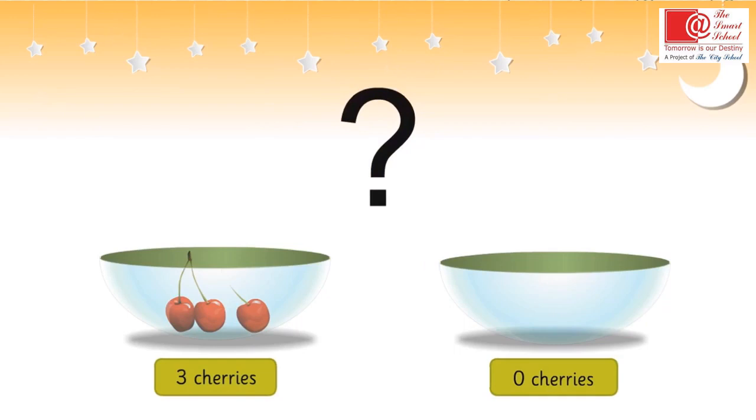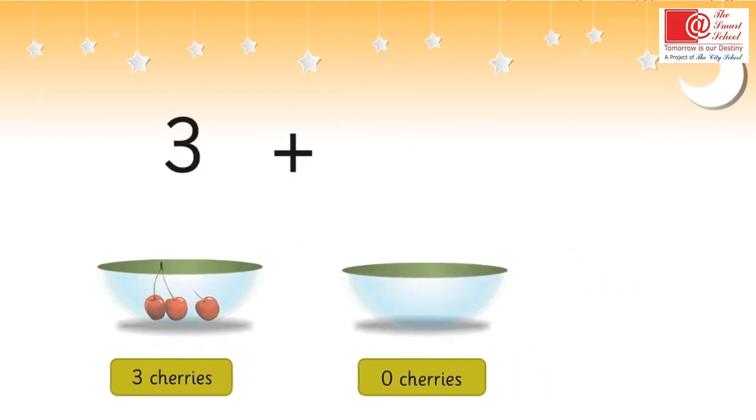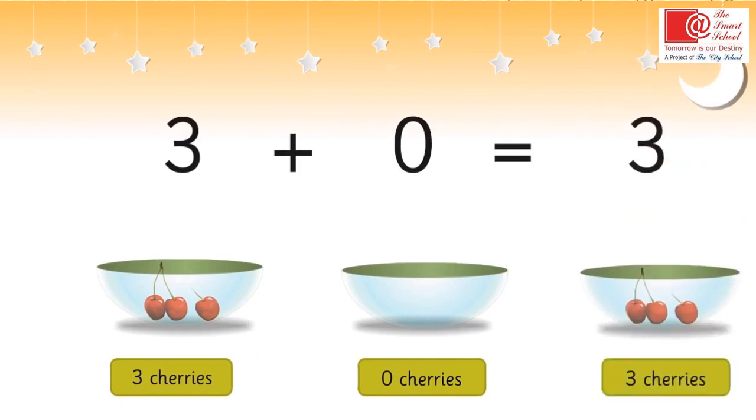How many cherries are there in both the bowls in all? So here 3 plus 0 is equal to 3. Thus, there are 3 cherries in all. Thus, it can be concluded that the sum of any number and 0 is the number itself.